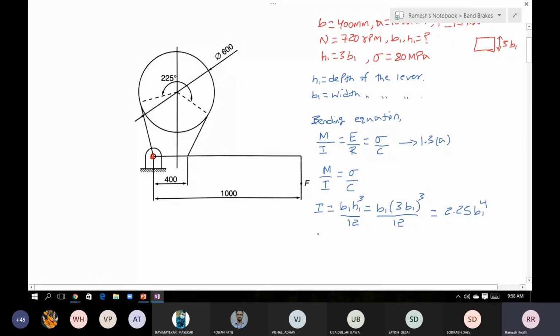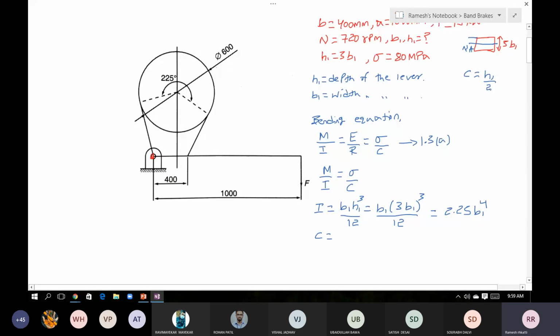As I told you, C is the distance. For example, if you take this rectangular cross section, this C is the distance from the neutral axis. This is the neutral axis, from the neutral axis to the extreme fiber. Therefore C is equal to H1 by 2.